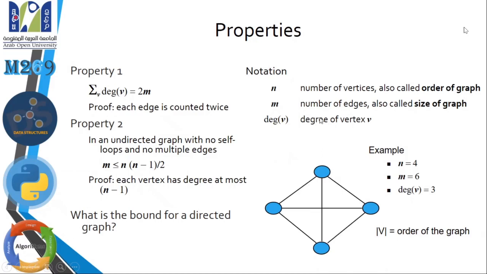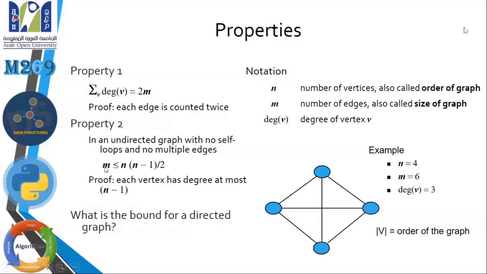Okay, so in order to get the degree, we have property 1: each edge is counted twice, and that can be proved. And property number 2: in an undirected graph with no self loops and no multiple edges, m is less than or equal to n(n minus 1)/2.